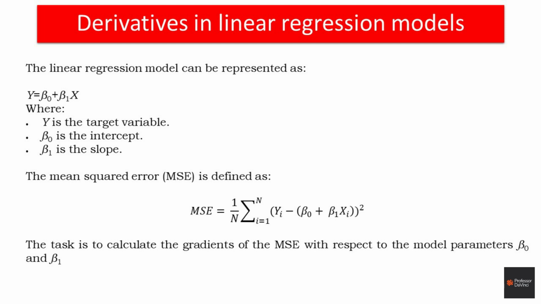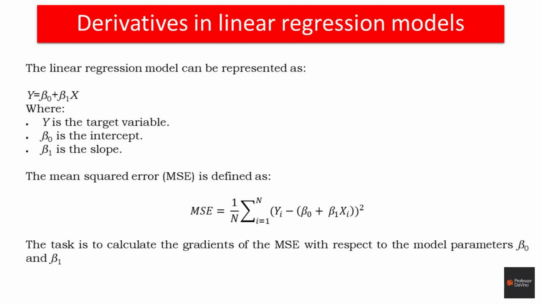In linear regression, you have a data set with the input feature x and the target value y, and you want to find the best fitting line that minimizes the mean square error.